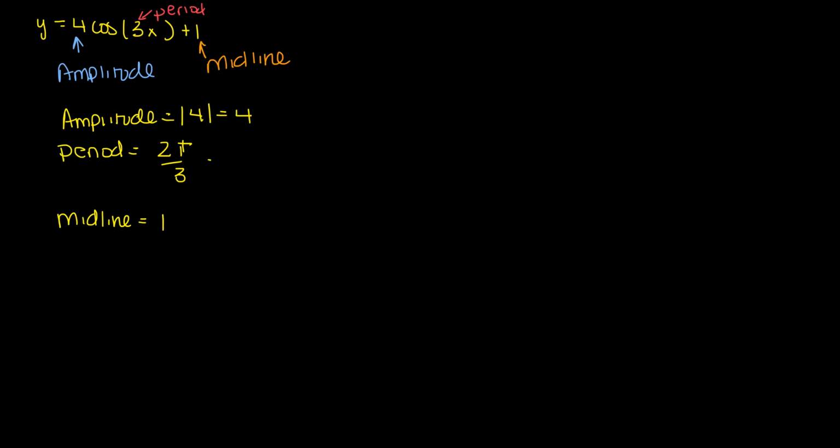To go along with this, the general form of the transformation of a cosine function is g of x equals a cosine b of x minus h, plus k. This h is your phase shift, and in our case, h is 0.